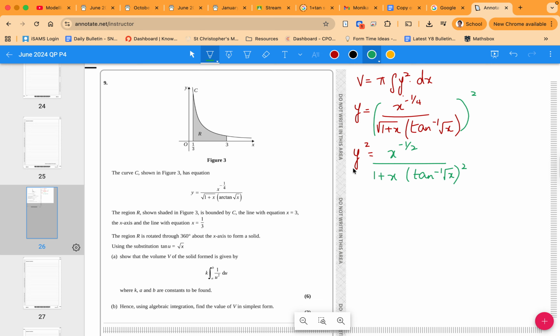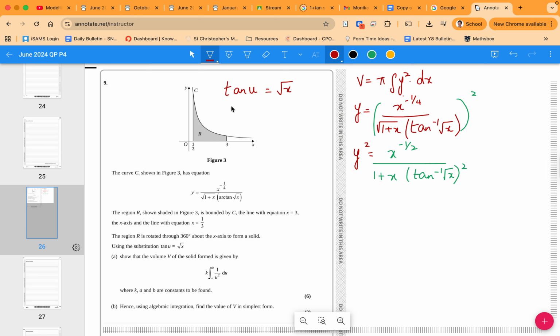I'm going to leave this here, and now look at manipulating what is given to us. You have to use tan u equals root x as your substitution.